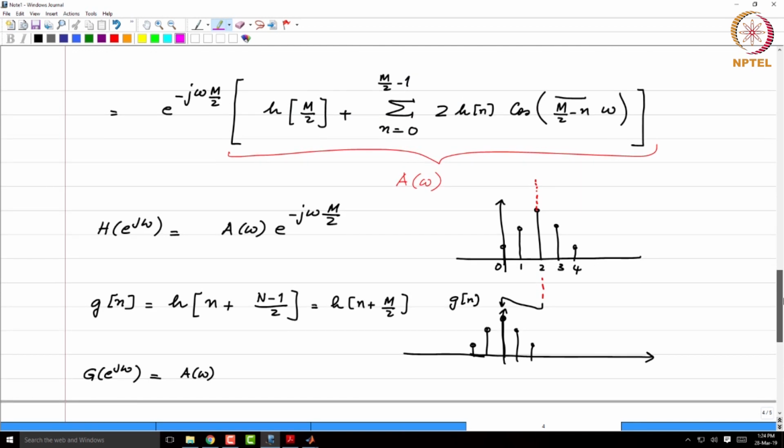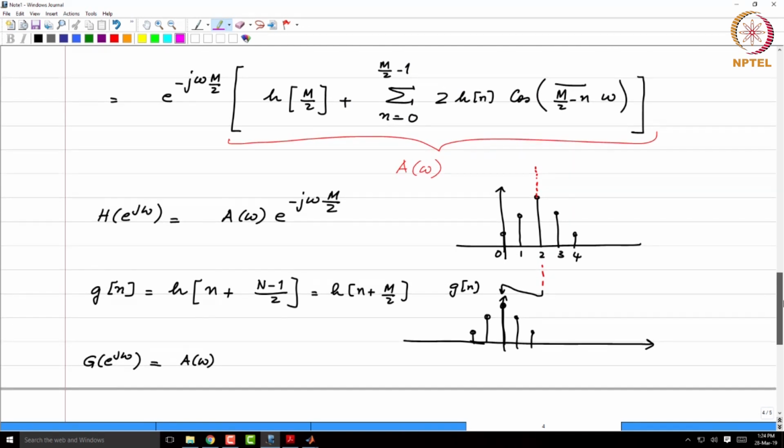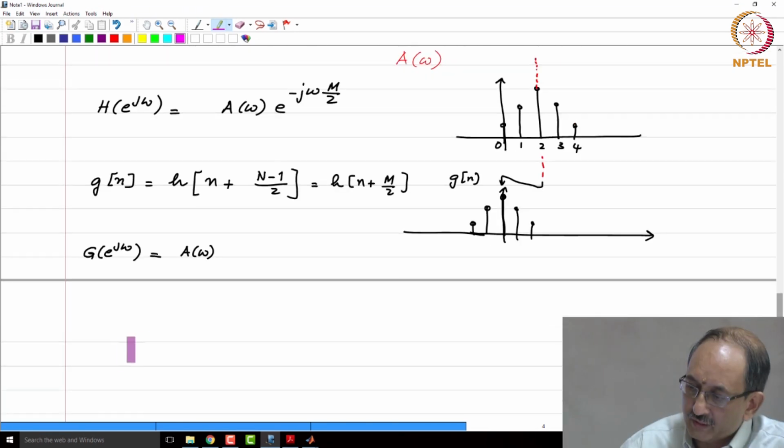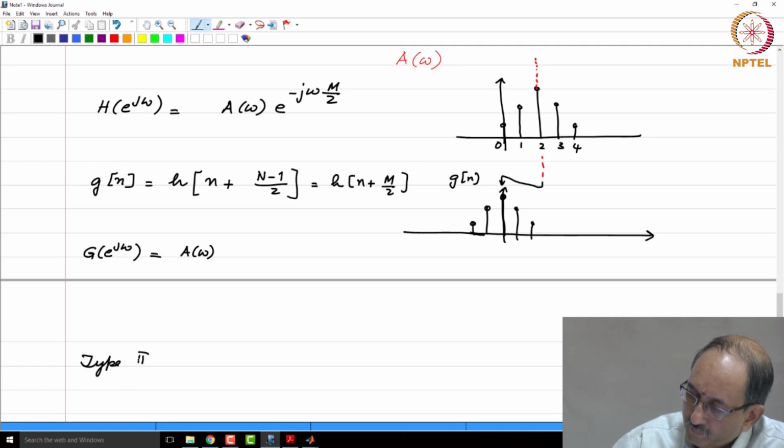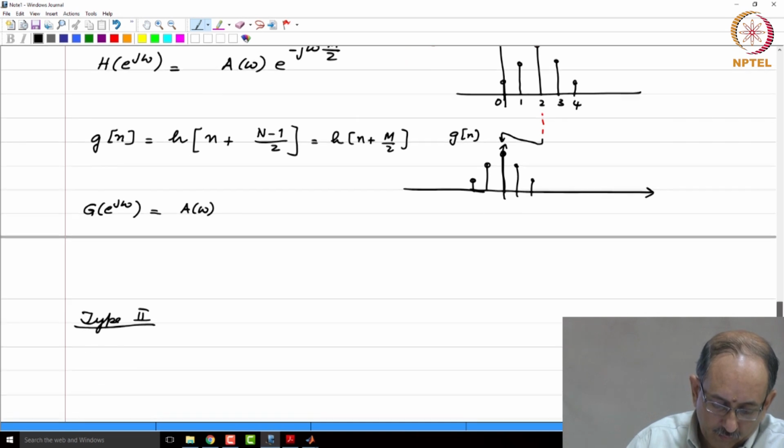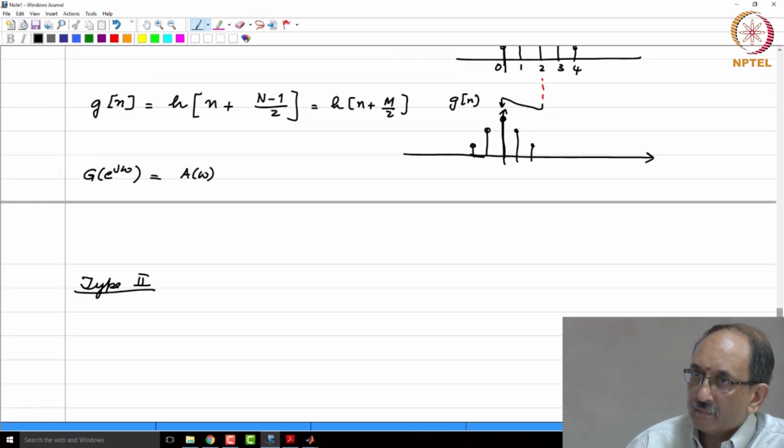And once you see the form for type 1, type 2 can almost be guessed. You can almost guess the response for type 2. Remember, type 2 is even symmetry, but even length, which means there is no center sample.